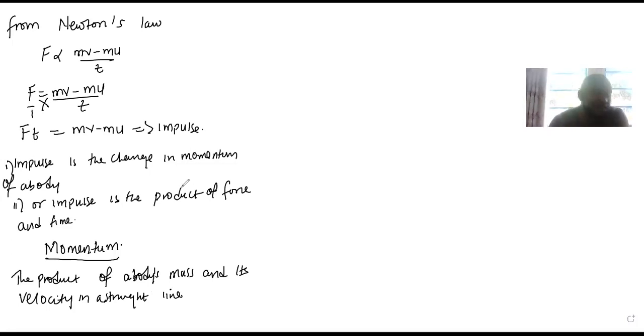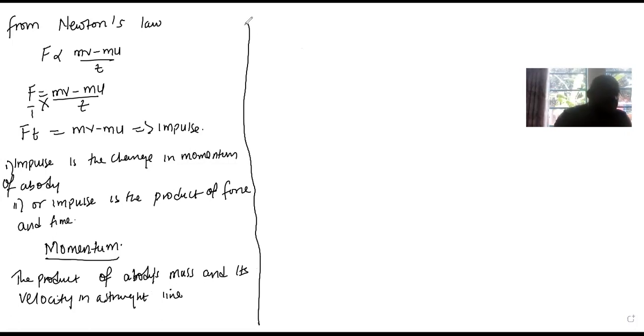So it is from here that we can talk about the principle of conservation of momentum. Do you recall that principle?